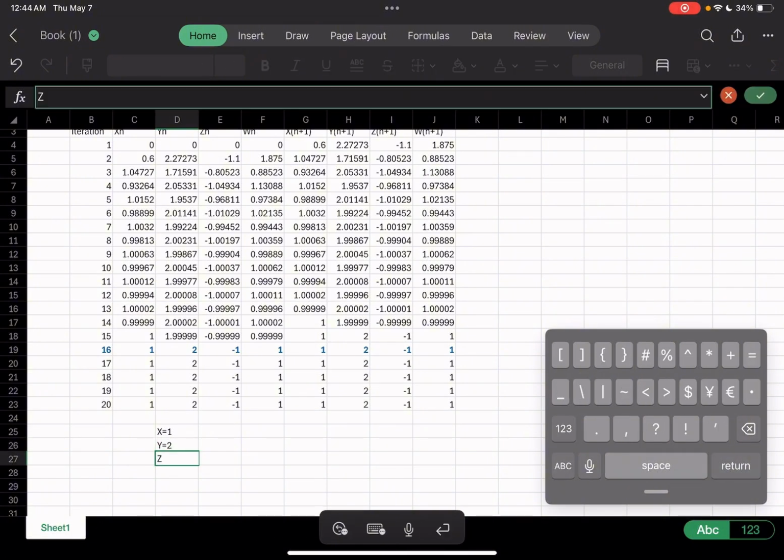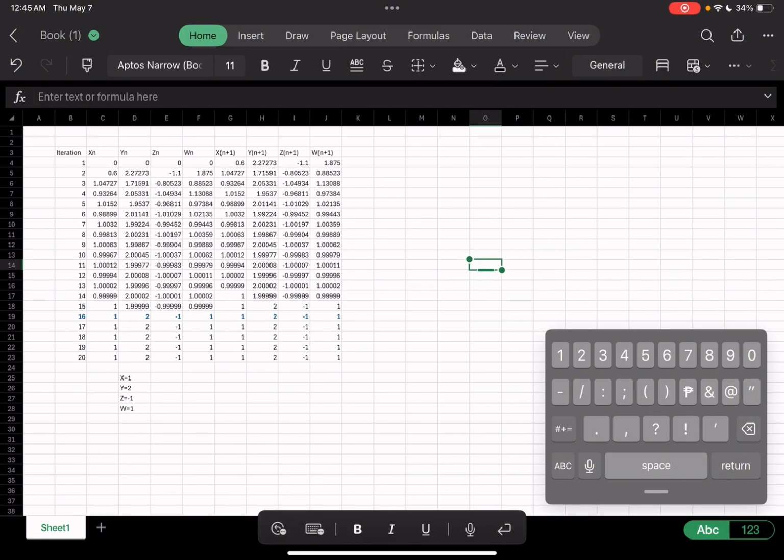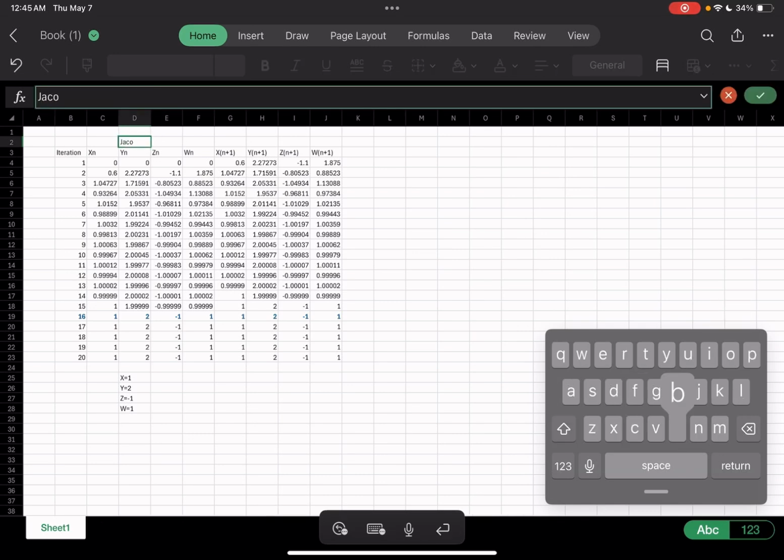Z is equal to negative 1. And W is equal to 1. That is for Jacobi's method.